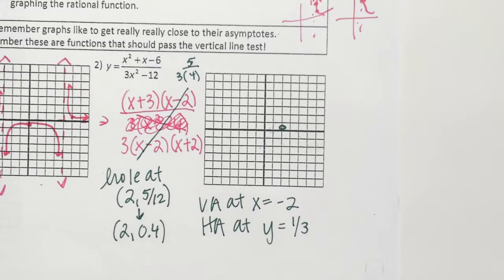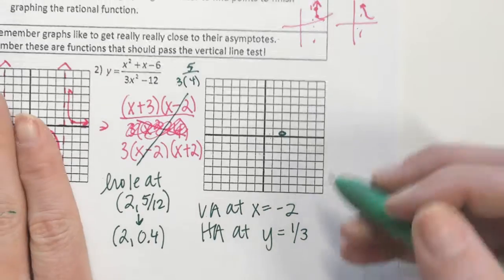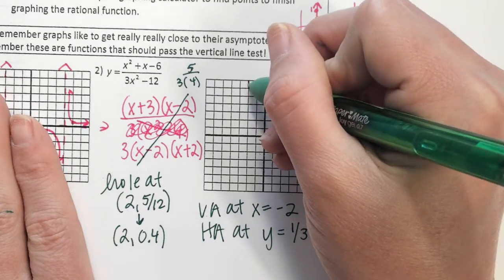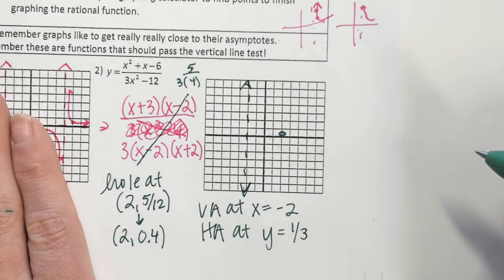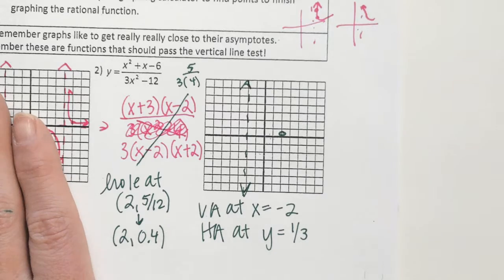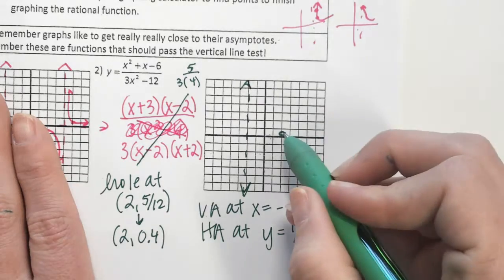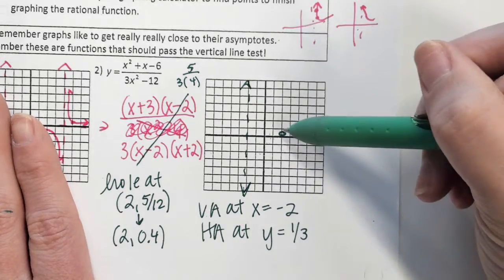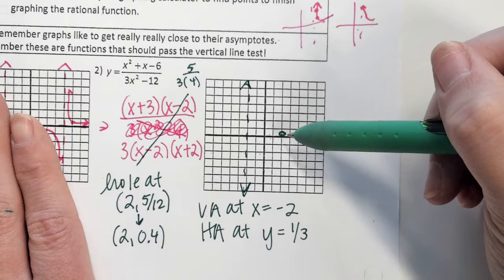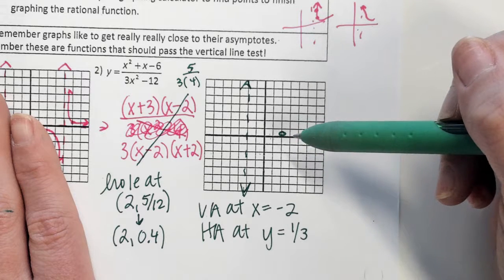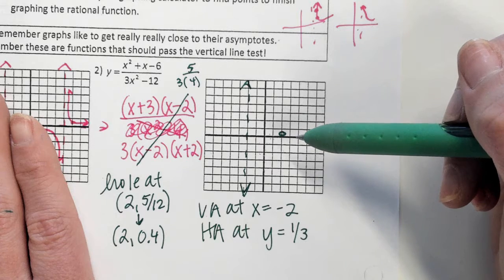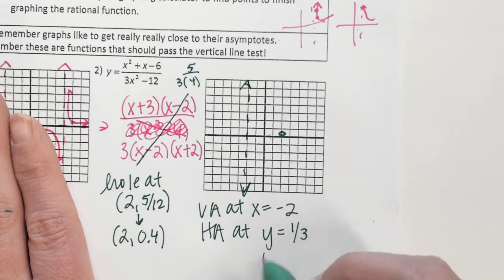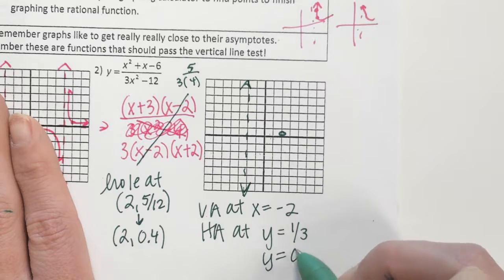Everybody good? Go ahead and draw your VA at -2 and your HA at 1/3, so that's going to be right above 0. Is this dot that we drew above or below 1/3? Good, because this as a decimal is the same thing as what?